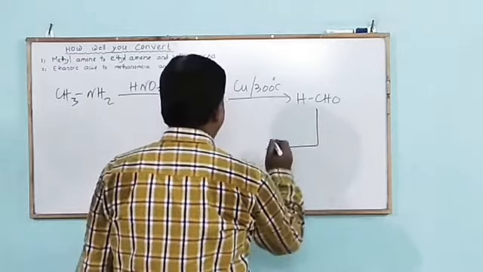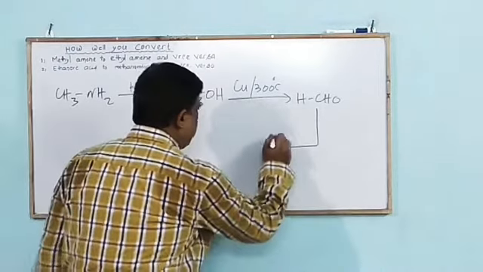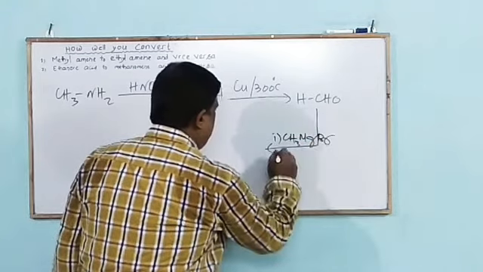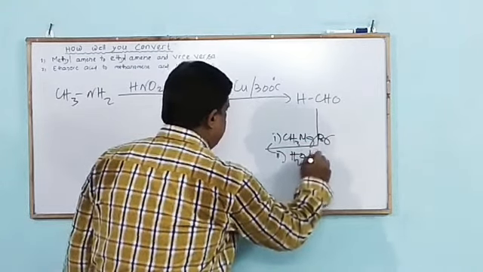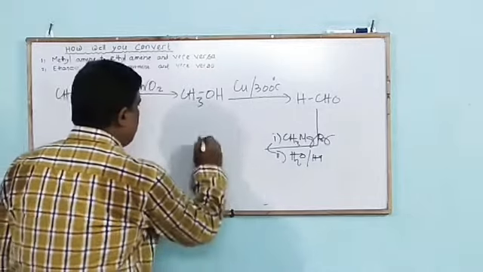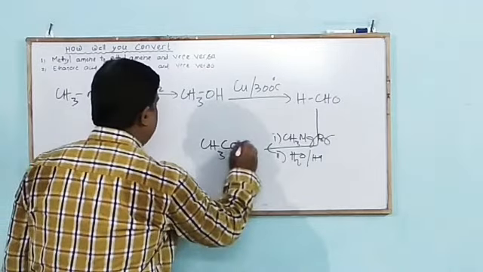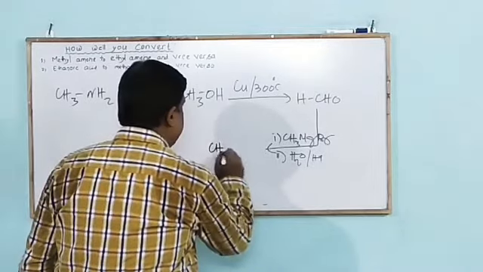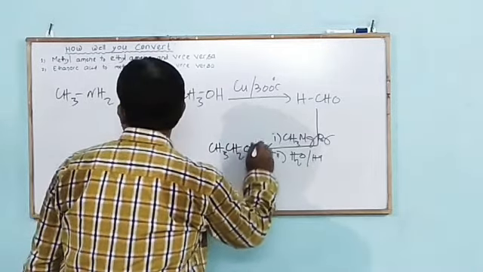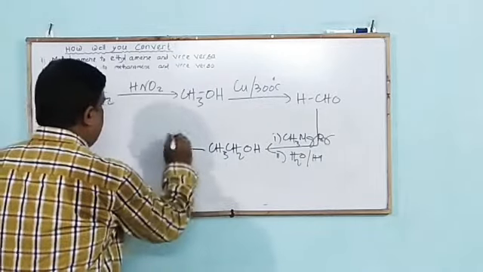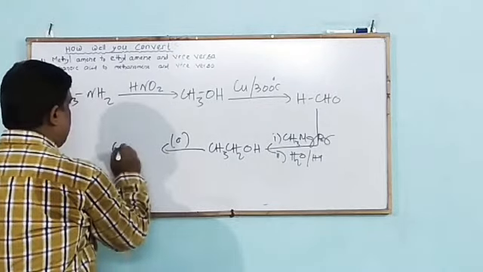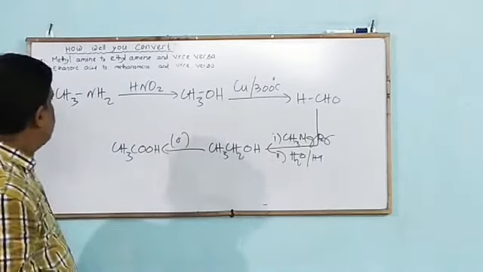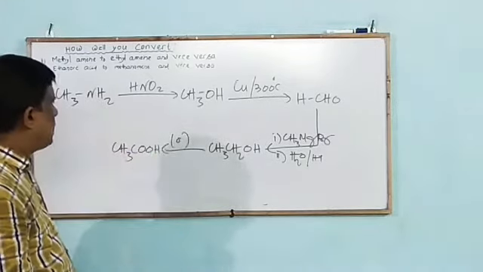Formaldehyde reacts with methyl magnesium bromide Grignard reagent followed by hydrolysis in presence of mineral acid to form ethyl alcohol, that is CH3CH2OH. Ethyl alcohol on oxidation forms acetic acid. So that is methylamine to acetic acid.